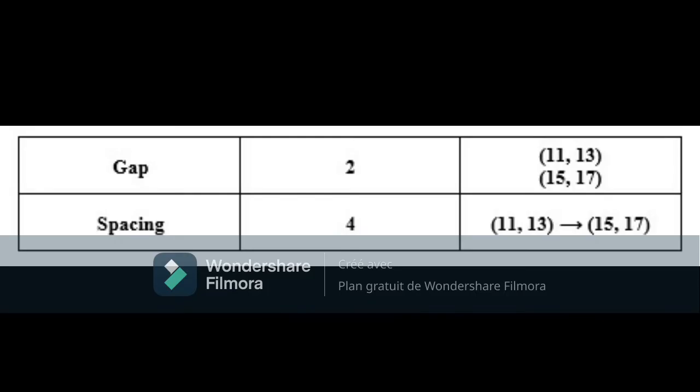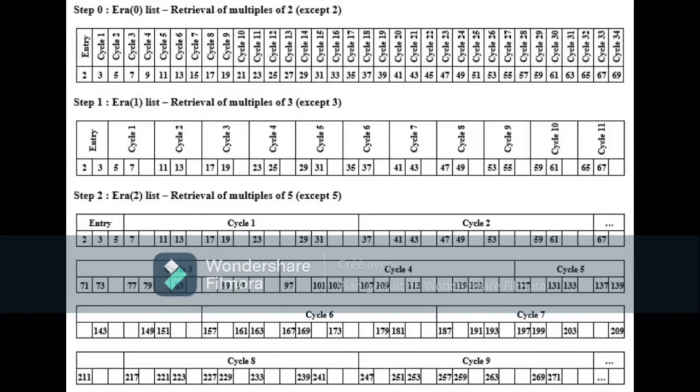Thus, for the pair of twin prime numbers 11 and 13, for example, considered as one object, the gap is 2, while for the two pairs of integers 11-13 and 15-17, considered as two objects, the spacing is 4, and the gap is 2.